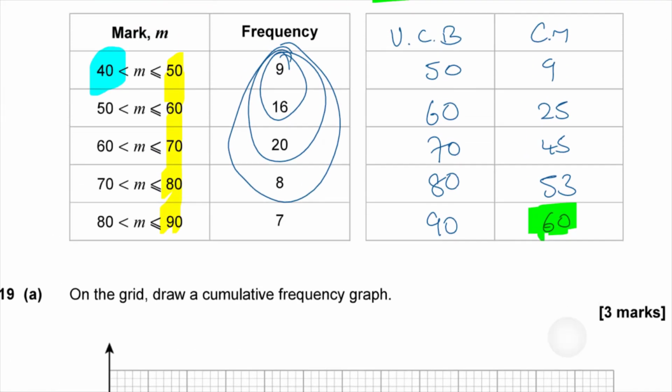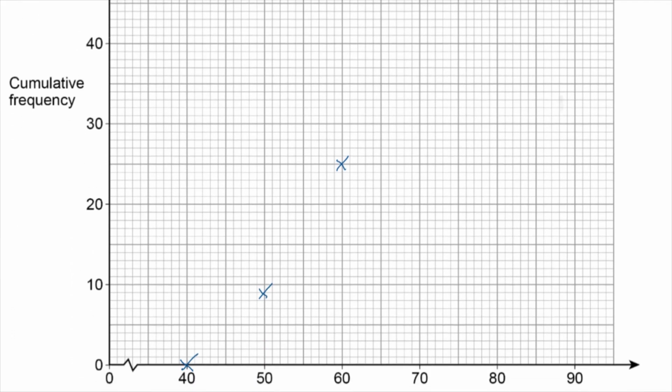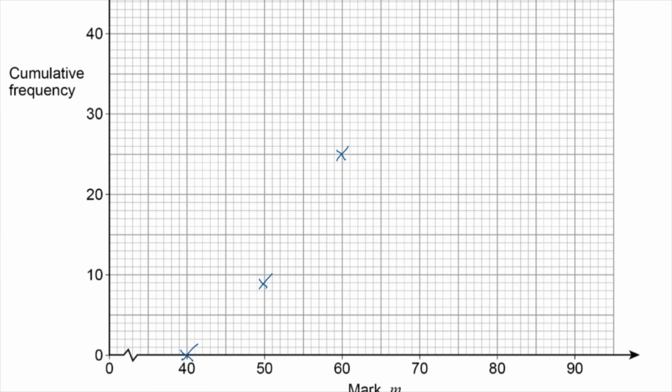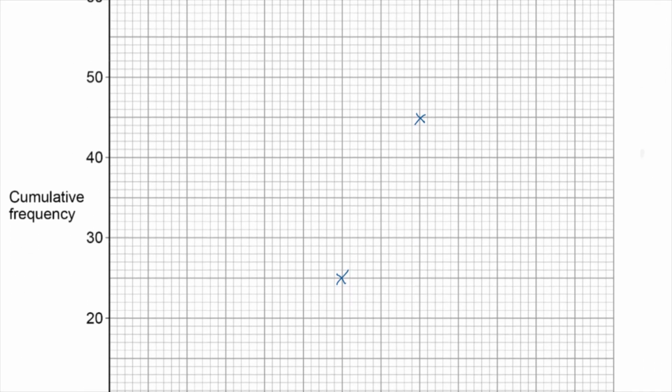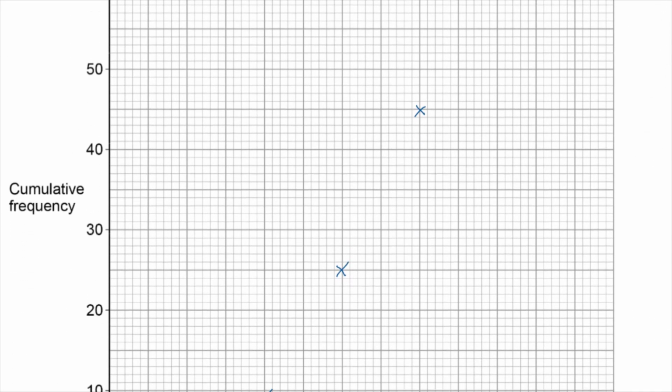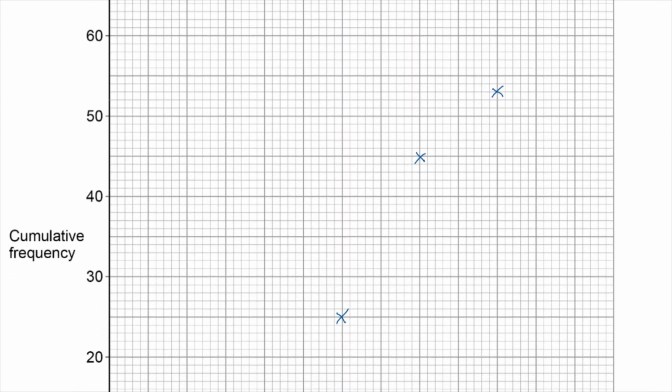Next 2 points, 70 against 45 and 80 against 53. And then finally, I've got 90 at 60.